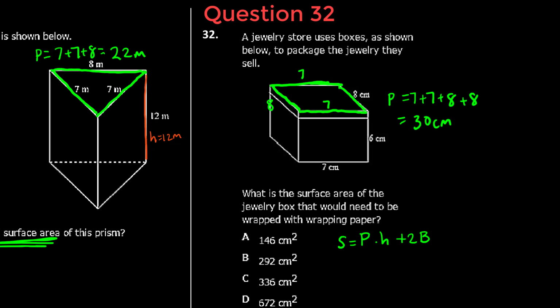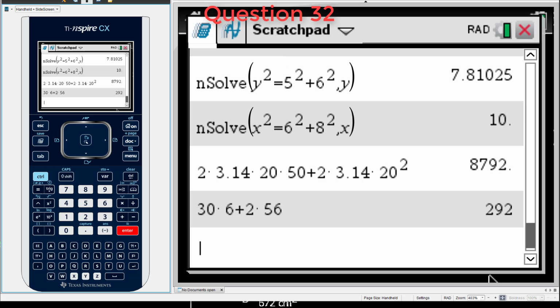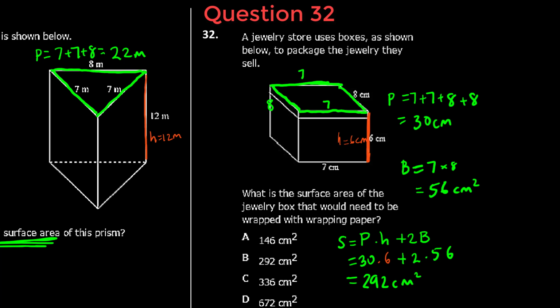If we choose the bases as the top and bottom faces, H stands for the height of the rectangular box, so that's going to be 6 centimeters. And B stands for the area of the base. Substituting all these numbers in and solving in our calculator, we will get 292 centimeters squared. So the correct answer is B.